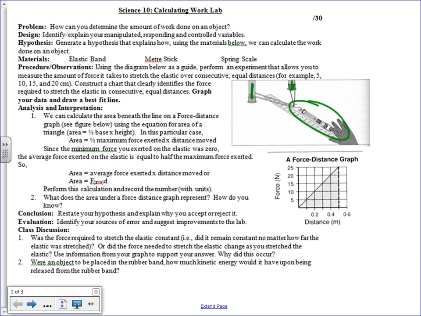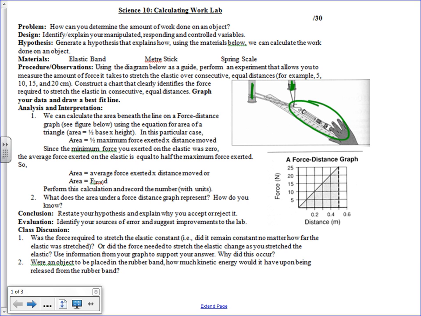So in the design here, we want to identify our manipulated, responding, and controlled variables. Now, the way you're doing this is we are going to be pulling the rubber band to certain distances. So what thing are we selecting? We're selecting distance, and we're measuring the resulting force required.